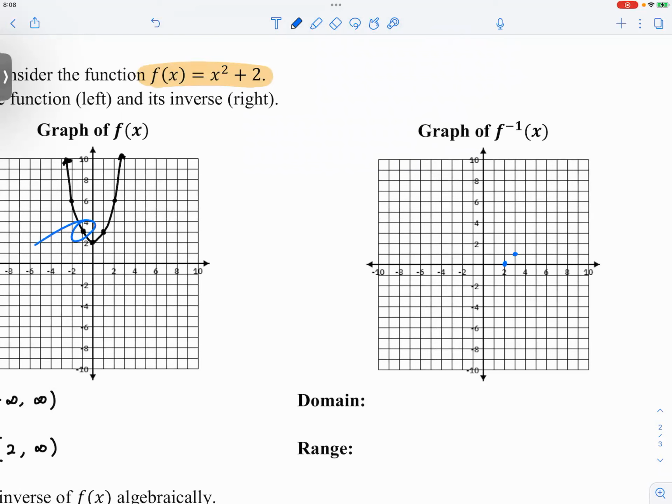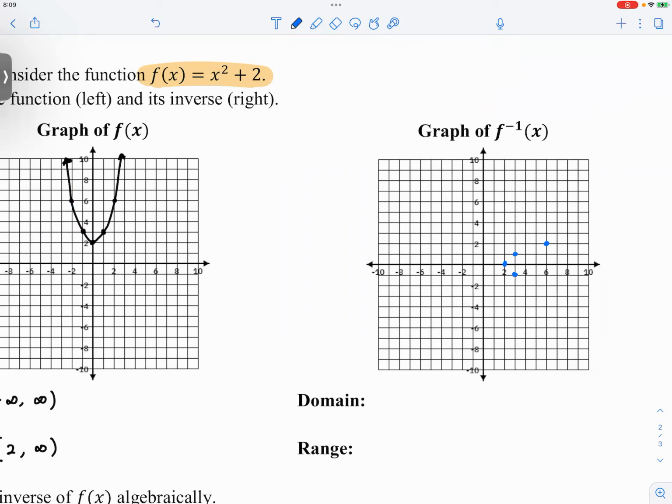We have a point right here at (-1, 3). Then we shall have a point at (3, -1). We have a point here at (2, 6). That means we shall have a point at (6, 2). We have a point at (-2, 6).